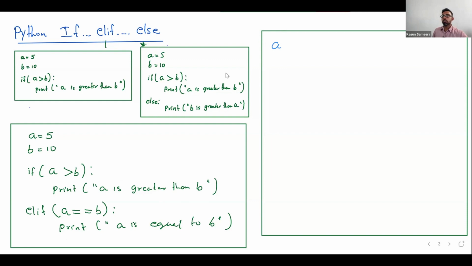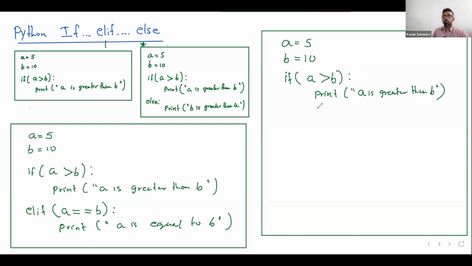How can we say something else? By using the else part. I'm going to modify the same program. A equal 5, B equal 10. We're going to check by using the if keyword. If A greater than B, same condition, colon, print, same, write along with me, "A is greater than B."